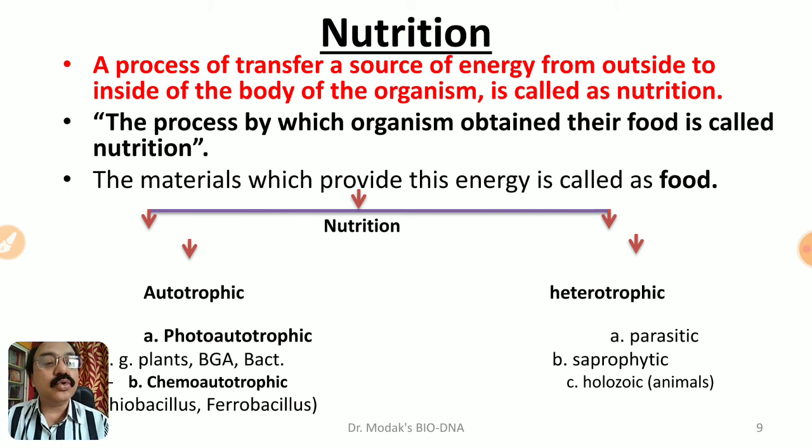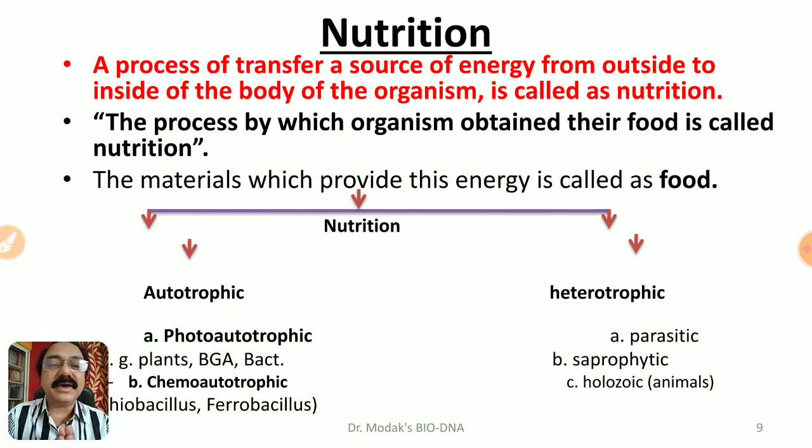And of course the third group of heterotrophic organisms, that includes animals and human beings, has a very special mode of nutrition where these animals are adapted and modified to take food inside their body. Holozoic means they take complete food inside their body. There are certain steps involved in this holozoic mode of nutrition. They ingest the food inside their body. Then they digest it, they make it simple.